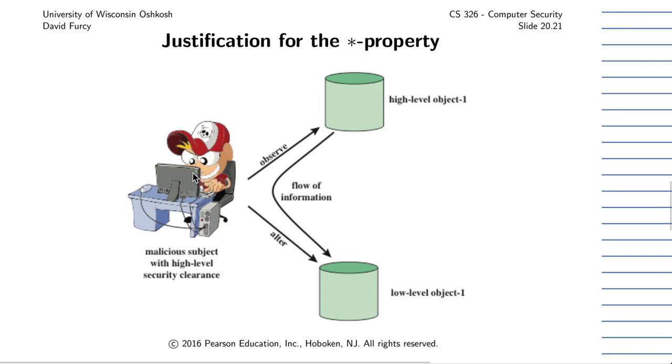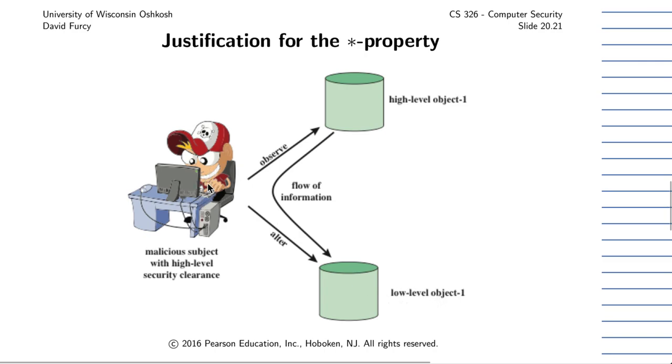So this subject is able to read documents at this level because this is the same classification level as their clearance level. But to protect against a potentially malicious subject with such a high level clearance, the star property states that whatever document this person can write or modify cannot have a classification level down here, which would be lower than their own clearance.